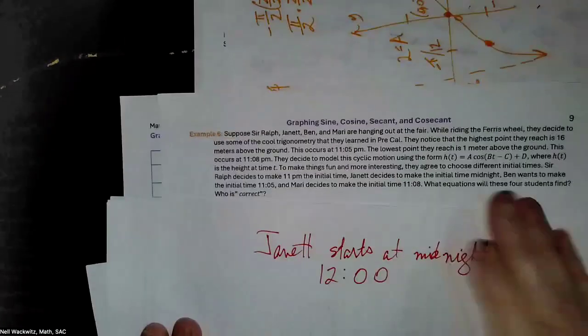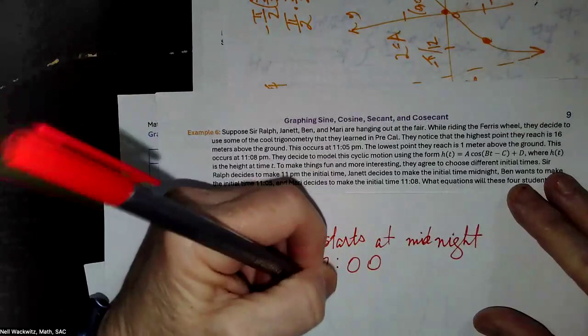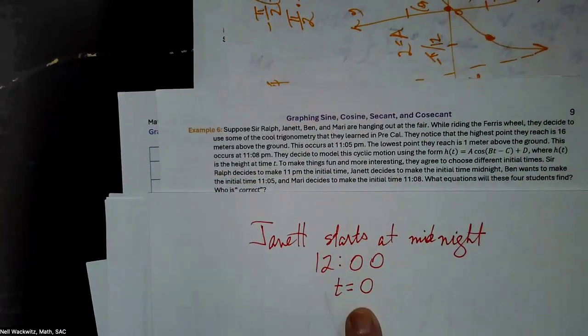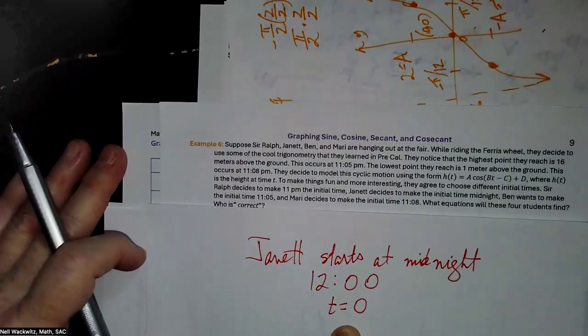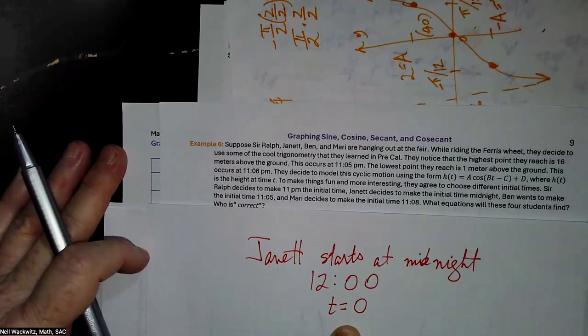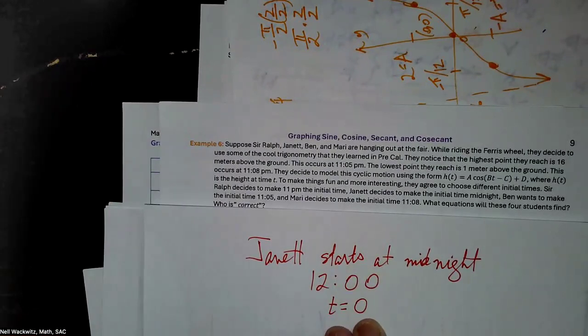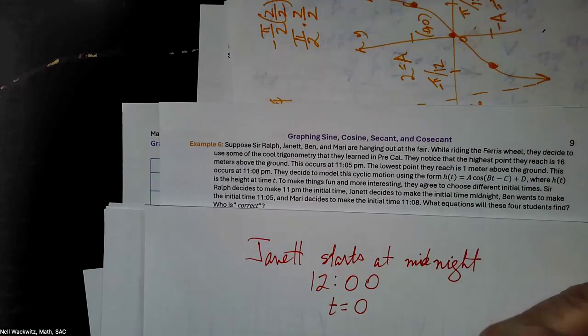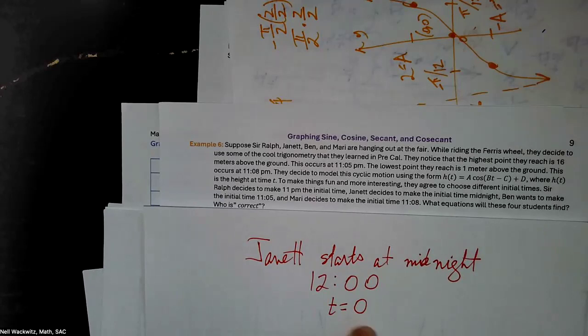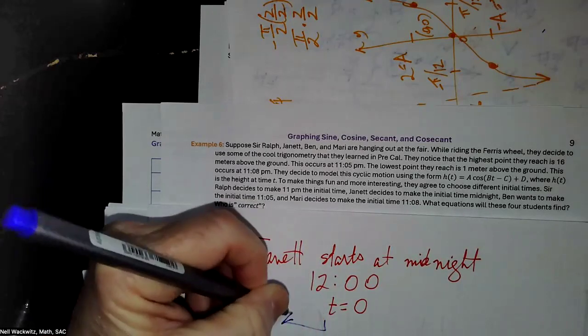If we're shifting, I want t equals 0 to be midnight. Which way do I have to move from 0 to get to the points that we know? Left or right? Right. If I start at 0 and I go right, then I'll be in the morning. Oh. Left. So we've got to go back.